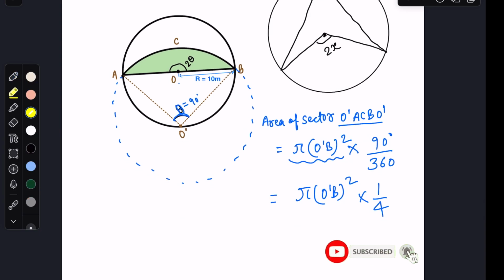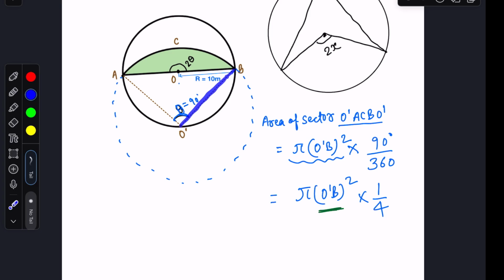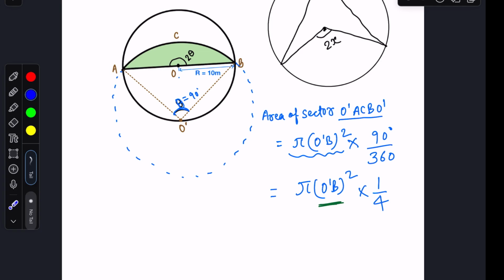Now we want to find O dash B, which is the radius. To find O dash B, we see AO dash is a triangle, and O dash B is a triangle, and because O dash B and O dash A are radii, this one is equal to this one. So this is an isosceles triangle. That means this angle will be equal to this angle.